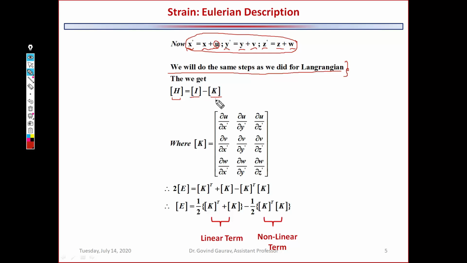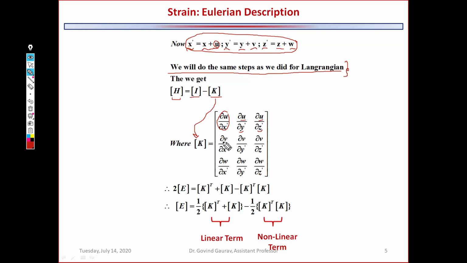So what is the k? K matrix is given by the partial derivatives of u with respect to x dash, the partial derivatives of u with respect to y dash, the partial derivatives of u with respect to z dash.